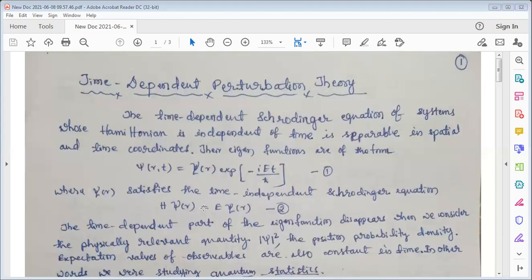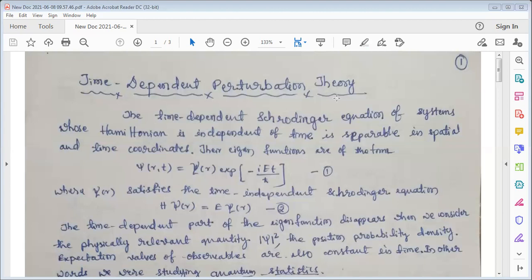If that is the case, it is called the time independent perturbation theory for non-degenerate energy levels. And if different eigen wave functions have the same eigenvalue, then it is called a degenerate case of the time independent perturbation theory. They are all the basics you have studied, and now I am concentrating on only the time dependent perturbation theory.